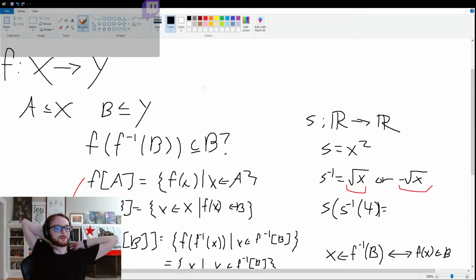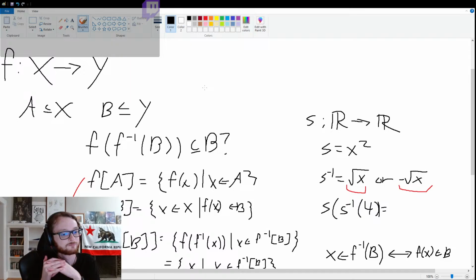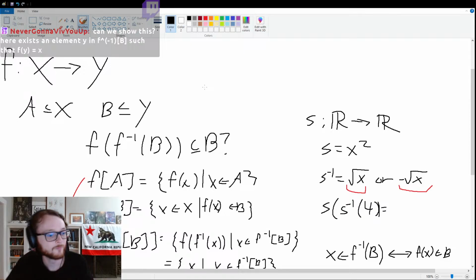The textbook uses funky notation. Oh. Yeah, SPQ. Wait, so that's what it seems like? What the hell?